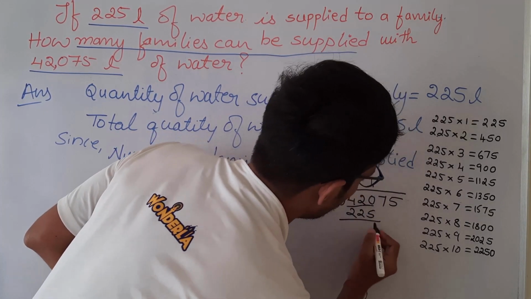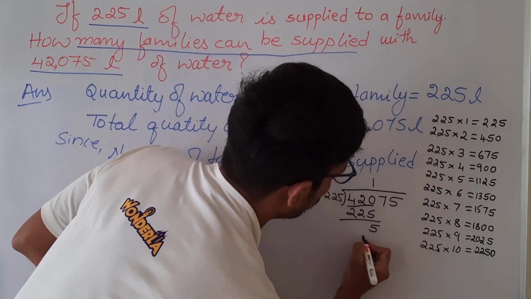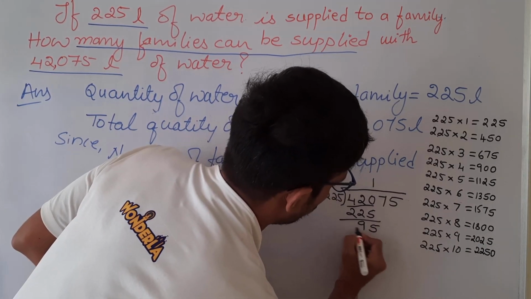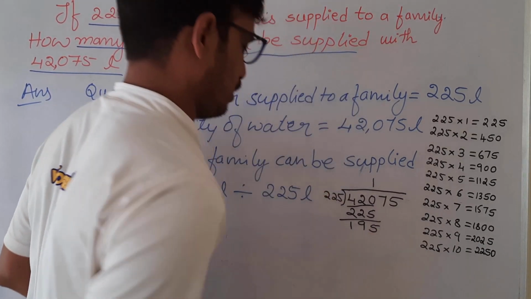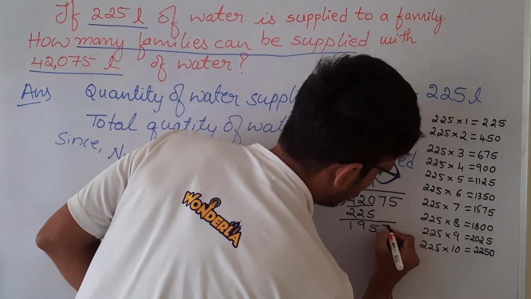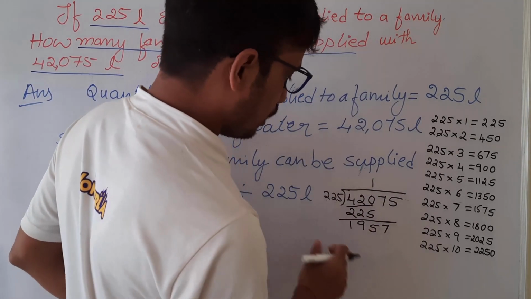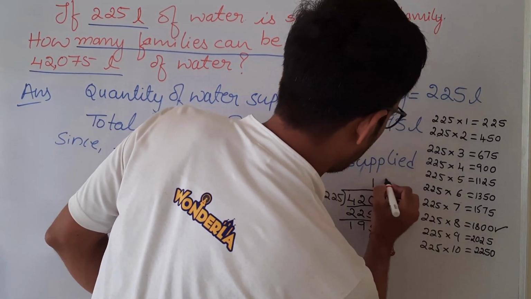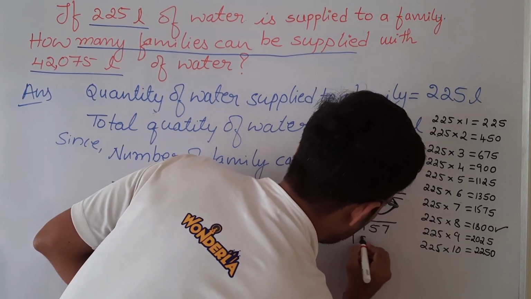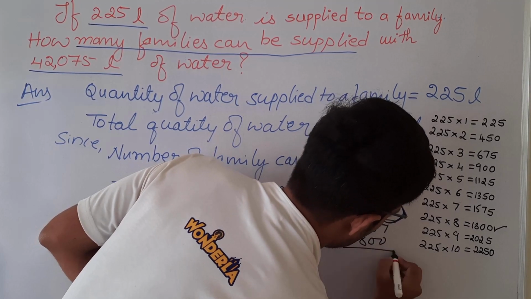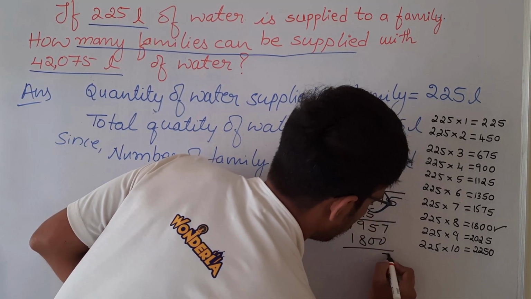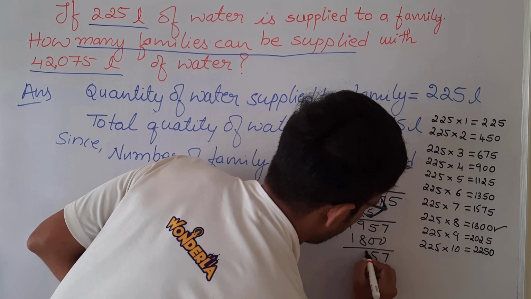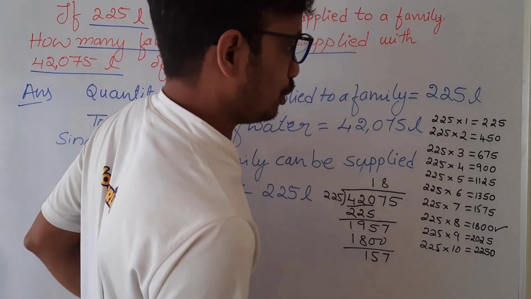After subtracting, I will get 10 minus 5, 5; here I will get 9; here I will get 1. Now I will take 7 down. If I take 7 down, the nearest multiple of this will be 8 times; I selected 1800. Now after subtracting, 7, 5, 1, and it will be 0.